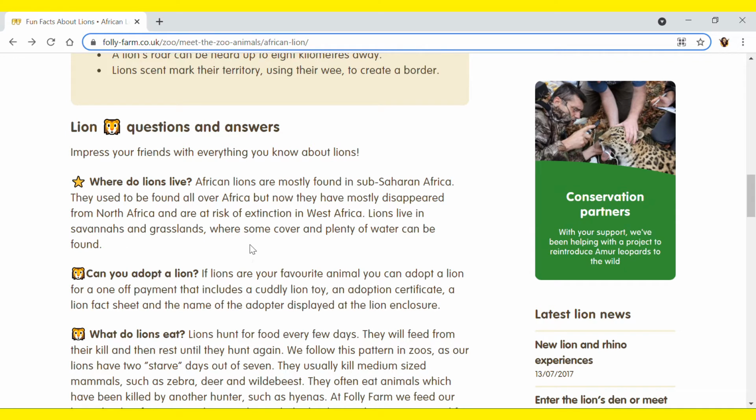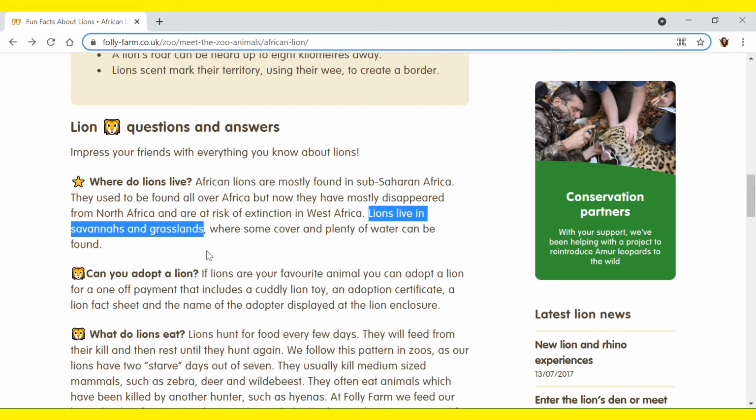So, the information that I think is most important for my report is actually in the last sentence of that paragraph. Lions live in savannas and grasslands. I'm looking for some keywords, which are the most important words that explain the environments that lions might live in.